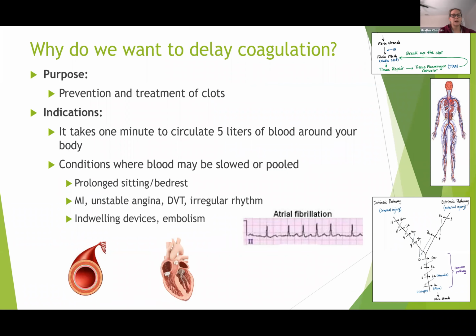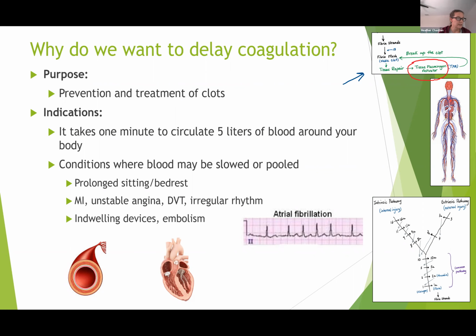So why do we even want to delay coagulation? Well, the purpose is prevention and treatment of clots. It does not dissolve clots. Remember, the only thing that dissolves clots is our tissue plasminogen activator. What the anticoagulants do is they prevent clots from getting bigger and dislodging.